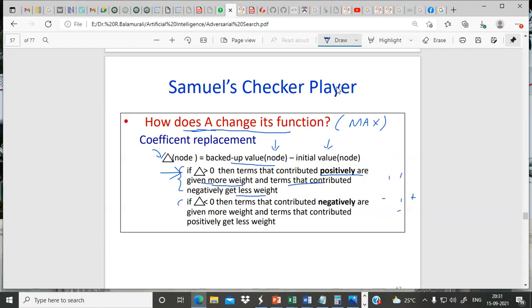On the other hand, if del is less than 0, it means it's a negative number, then what should we do?